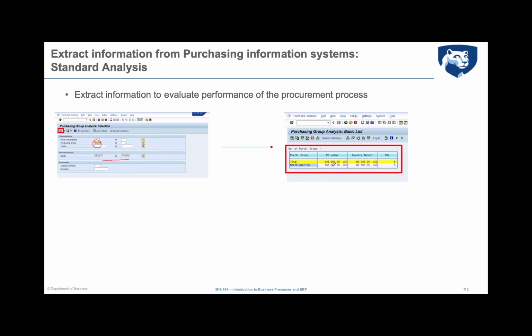So of this purchase order value, invoiced 1/3, $60,000.